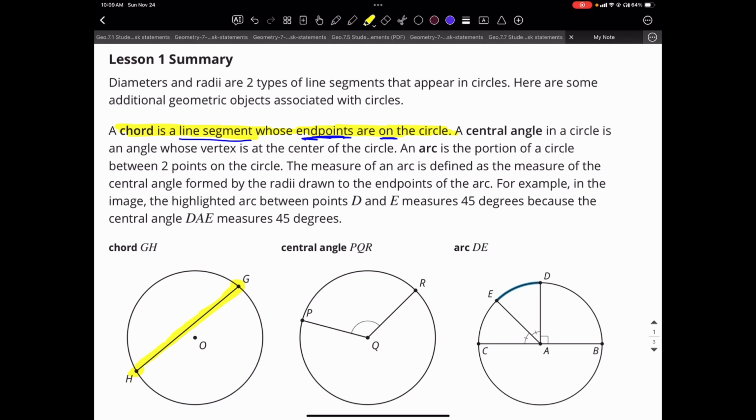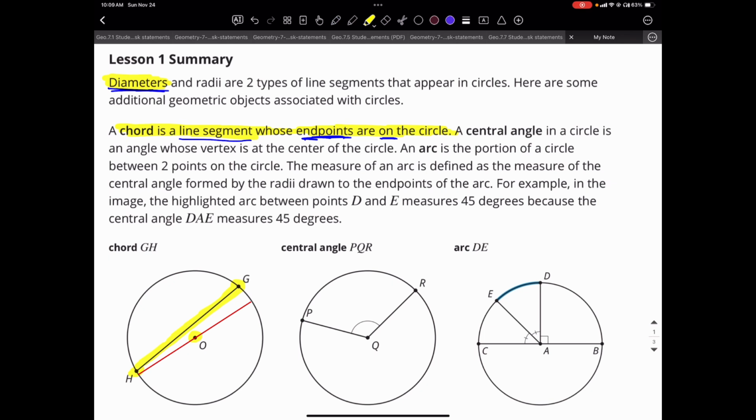Now, there's several different types of chords. But if a chord goes through the center right here, this point, for instance, if I have a chord that goes from one side through the center to the other side, then that chord is a special type of chord that's called a diameter, right? We've talked before about diameter being the length across a circle from side to side going through the center, right?